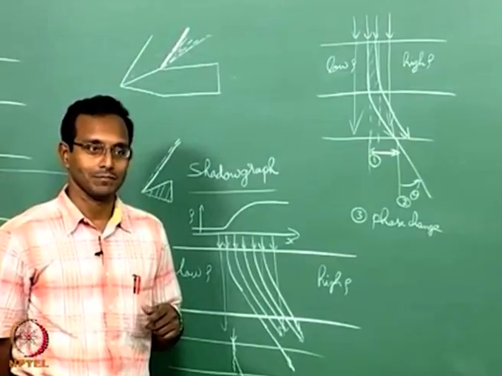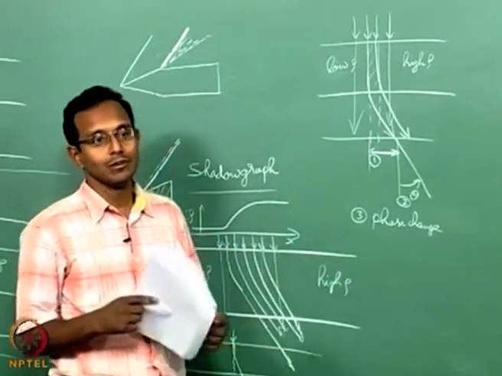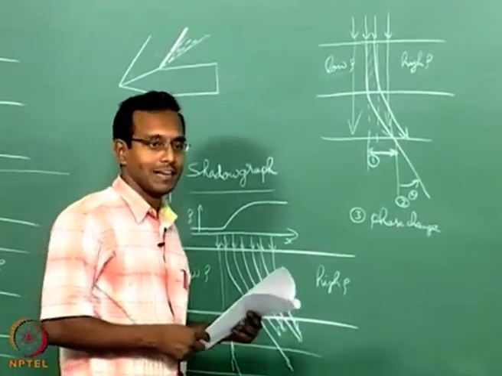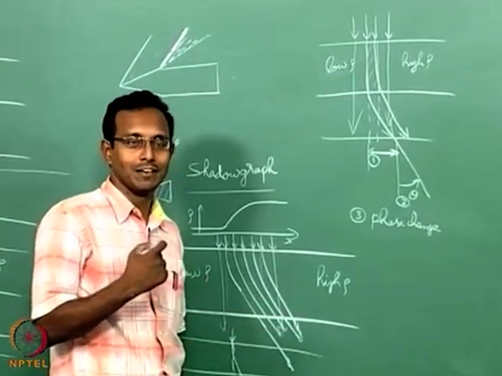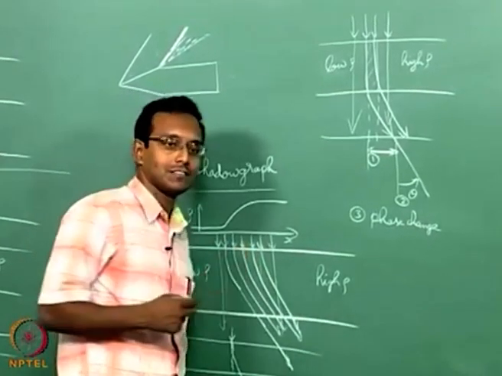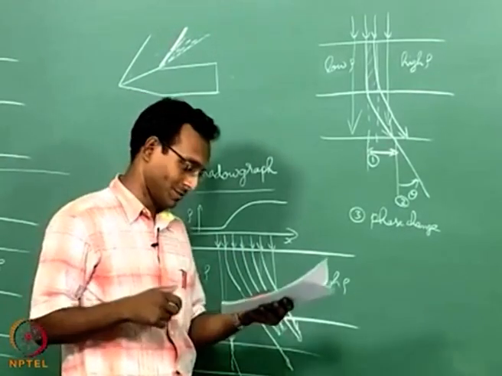And that can also be used to infer that there is a density jump. Ideally what we are inferring is only a refractive index jump, which can be taken as a density jump because of the Gladstone-Dale formula which we started with today.